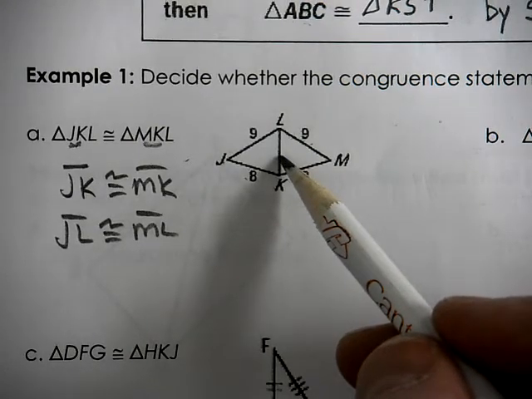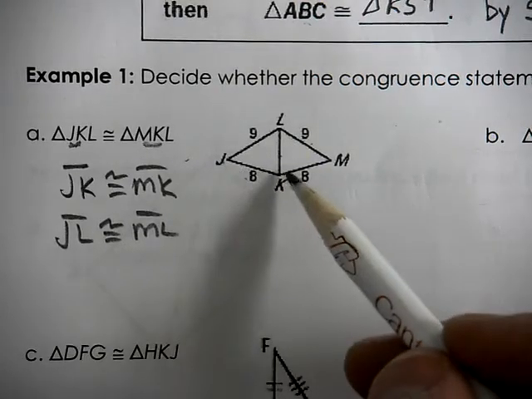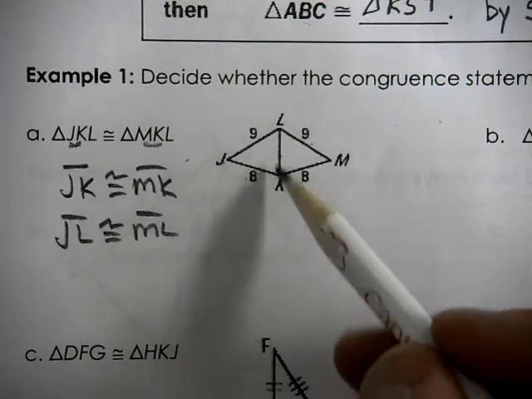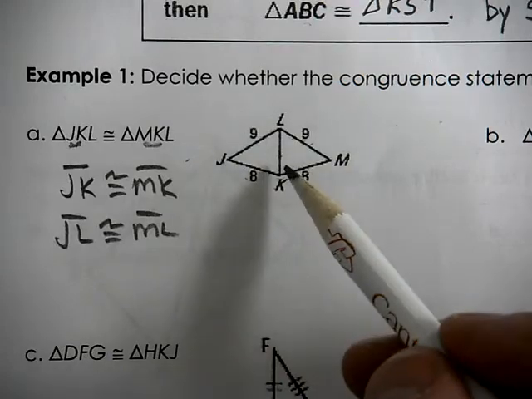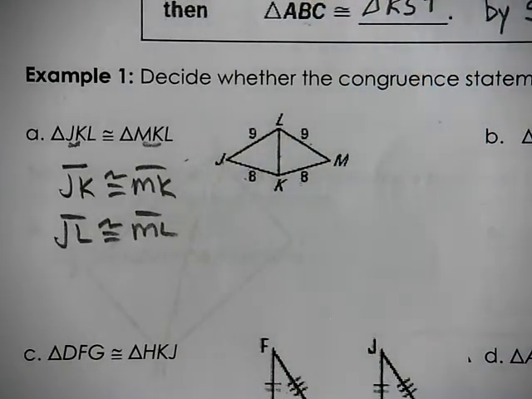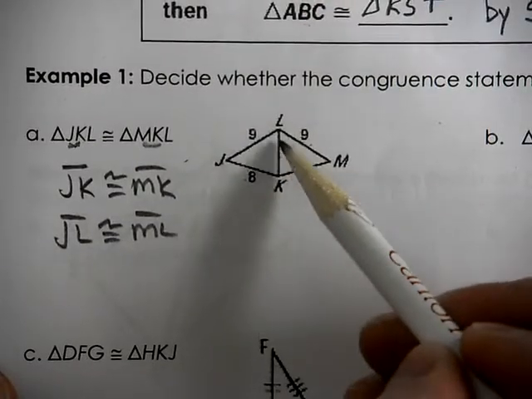The left triangle has a third side, and the right triangle has a third side. Are those two third sides the same length? Why would we consider them the same length? They're not labeled. We don't know the numbers. But if you look at it, it's the same side.